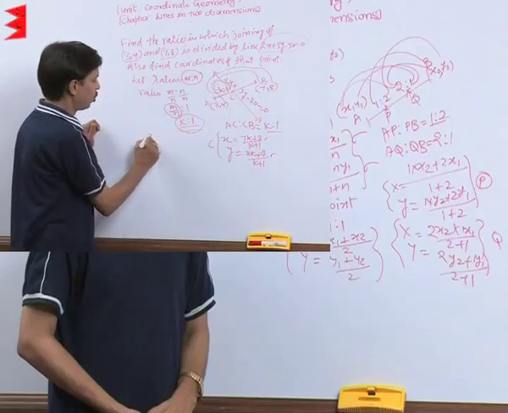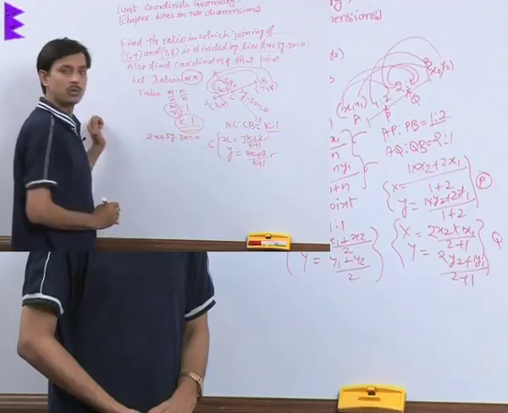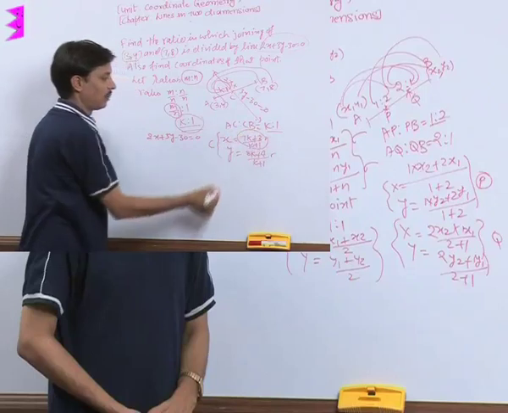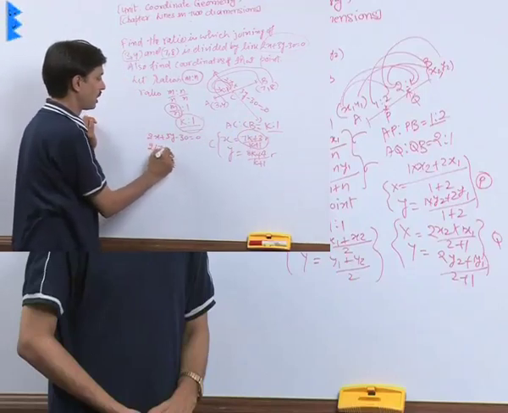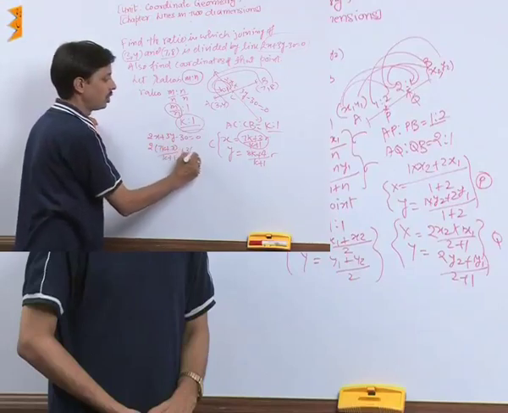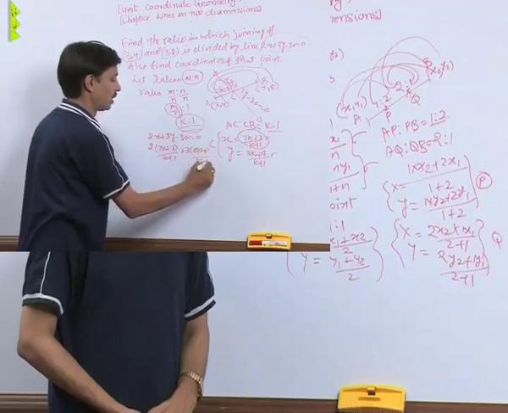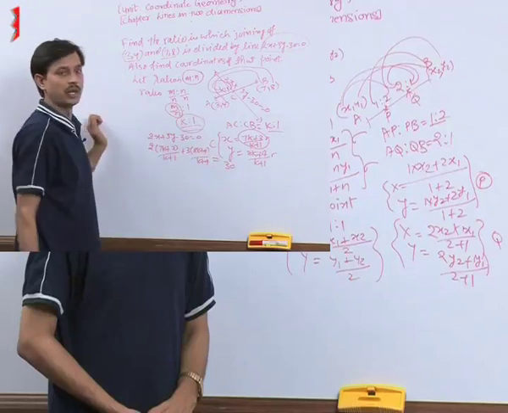In place of x, write 7k plus 3 upon k plus 1. So 2 into 7k plus 3 upon k plus 1 plus 3 into 8k plus 4 upon k plus 1 minus 30 is equal to 0, or I can say equal to 30.